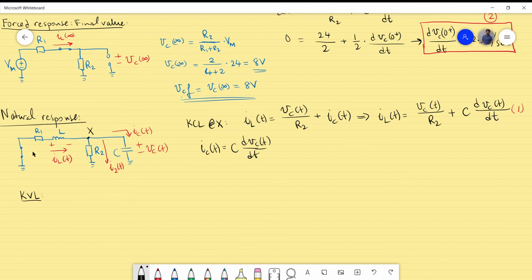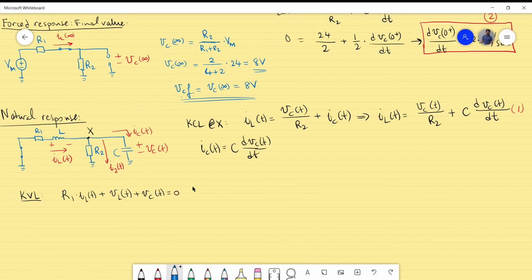Now we can use the loop here, starting from this point, and all the way to this point. So we use the R1, the voltage across the inductor, and the voltage across the capacitor. So what I have is the following: R1 times the inductor current, that is the voltage across R1, plus the VL, plus the capacitor voltage, and that will give us 0.